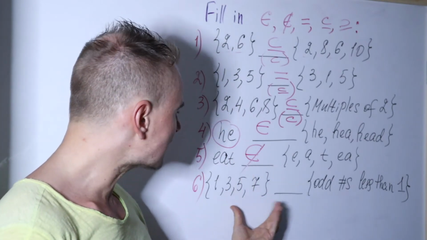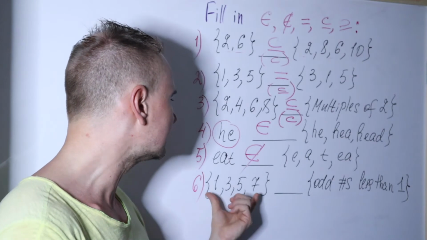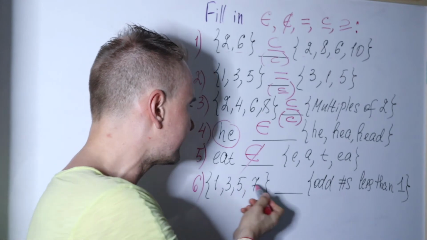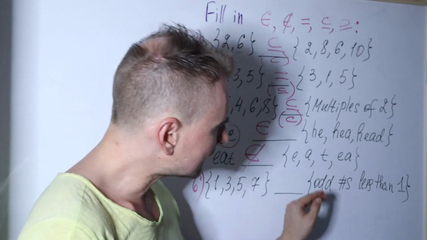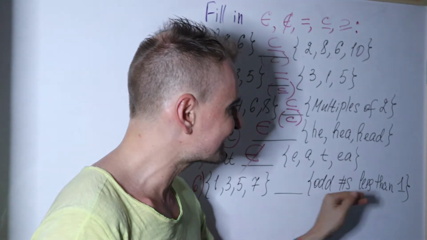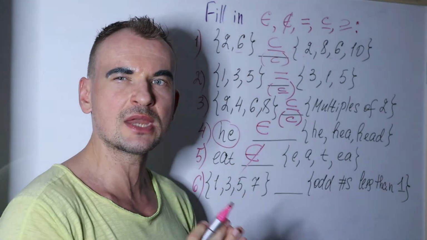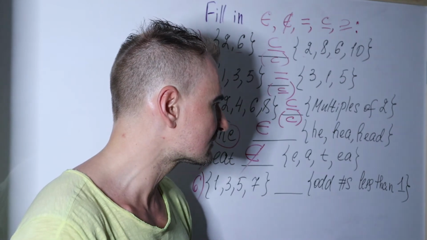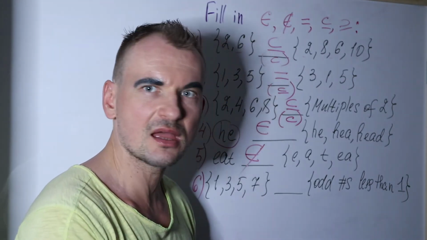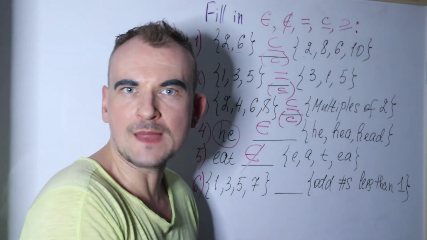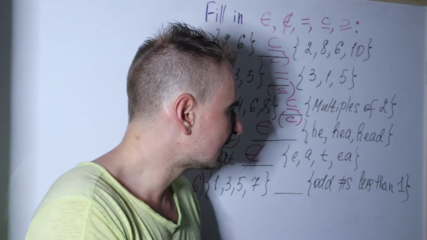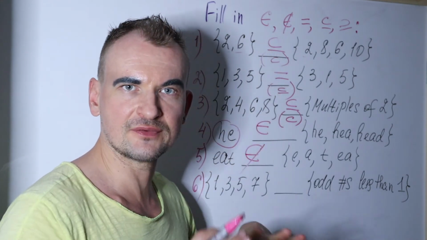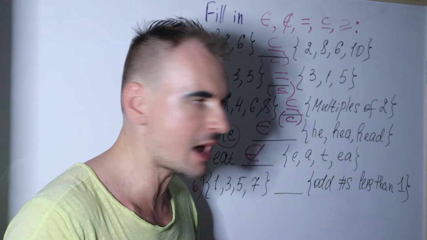And finally, the last one, you are given the set that consists of the elements 1, 3, 5 and 7, and odd numbers that are less than 1. So let's think a little bit. There are no odd numbers that are less than 1, assuming we deal with natural numbers.